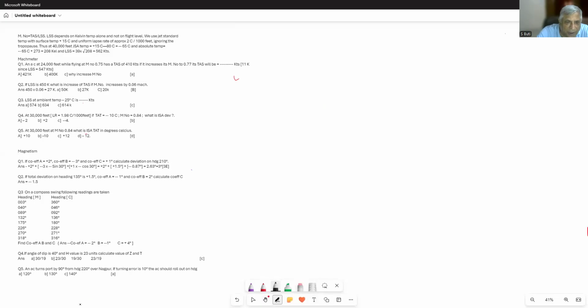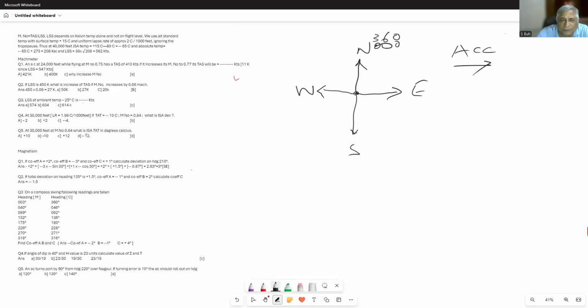Remember, your acceleration error is maximum on heading east and heading west. The aircraft is heading east or west; this is north, 000 or 360, this is south, 180, and this is the west direction. If the aircraft accelerates in the direction east, the needle will also move towards east and your readings will decrease.